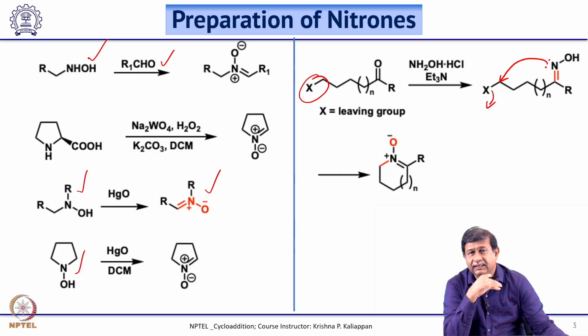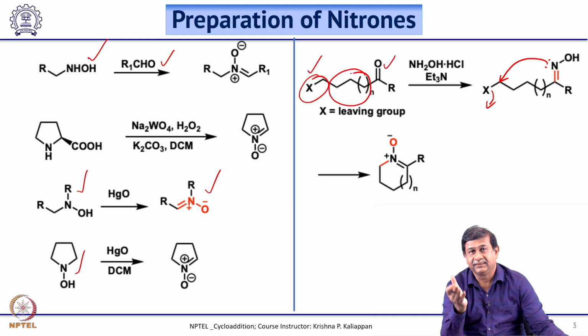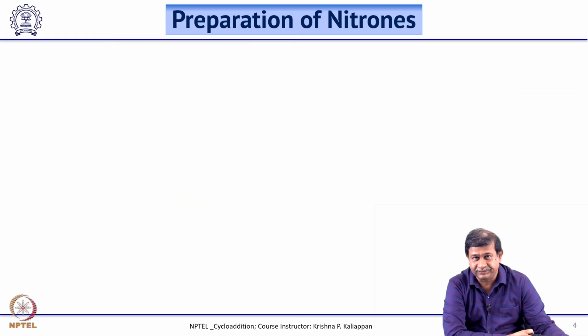So this way 5-membered, 6-membered, 7-membered nitrones can be easily made. So what you need is a carbonyl group, a leaving group and a proper tether. So once you have a 3 or 4 tether, then it is easy to form the 5-membered or 6-membered nitrones.